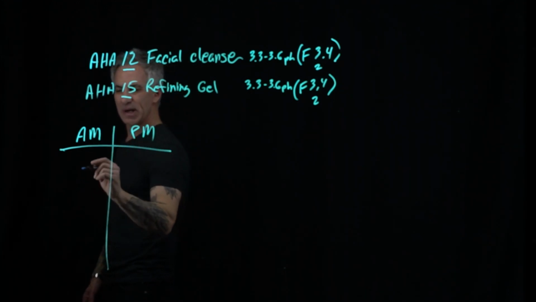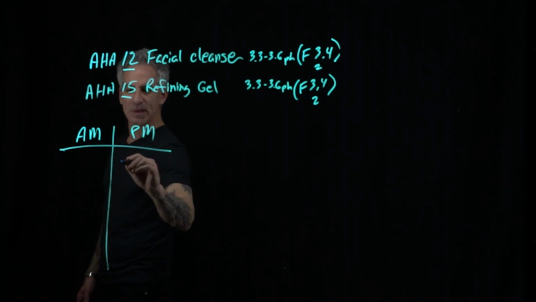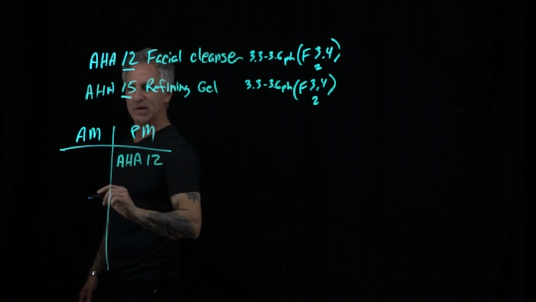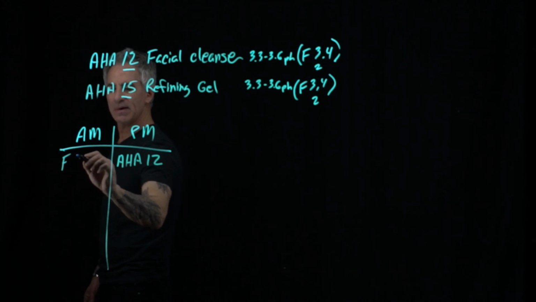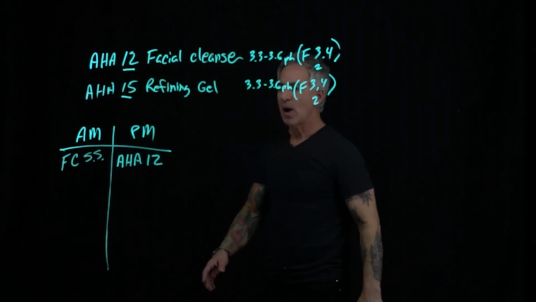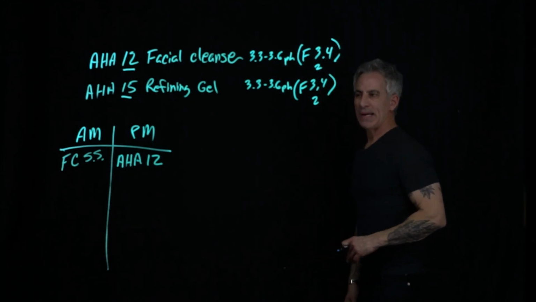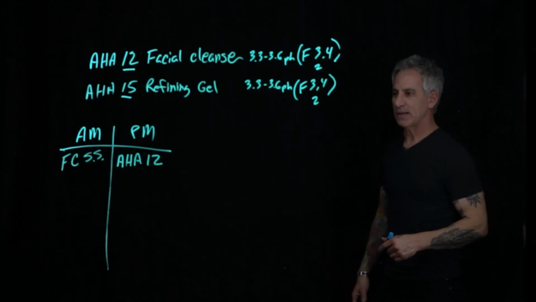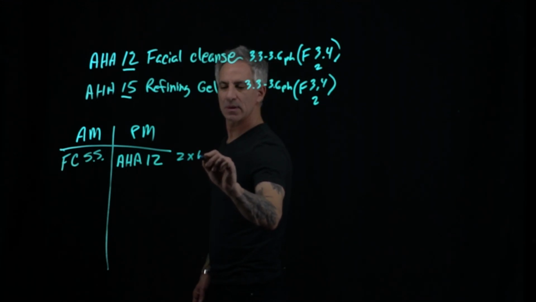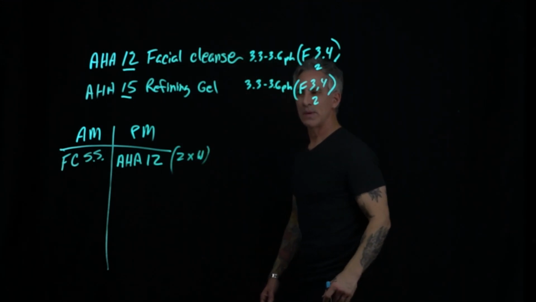Okay, so for the AHA 12, that's going to be in the PM. AHA 12, and this is going to be Facial Cleanser Sensitive Skin in the AM. Now, how many times a week would I do AHA 12 in the PM for this client? It would be 2 times weekly.